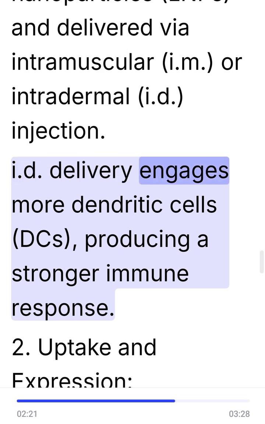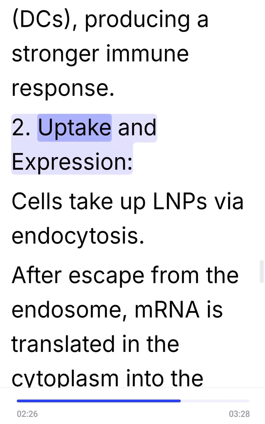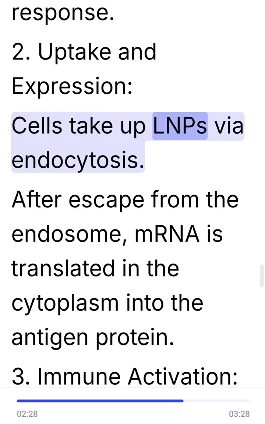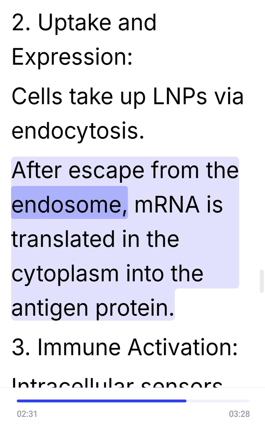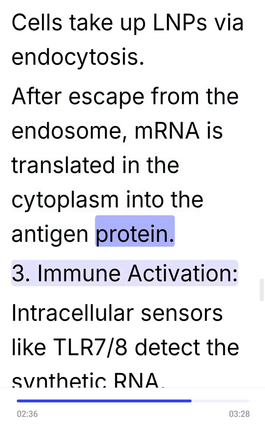ID delivery engages more dendritic cells, DCs, producing a stronger immune response. 2. Uptake and expression. Cells take up LNPs via endocytosis. After escape from the endosome, mRNA is translated in the cytoplasm into the antigen protein.